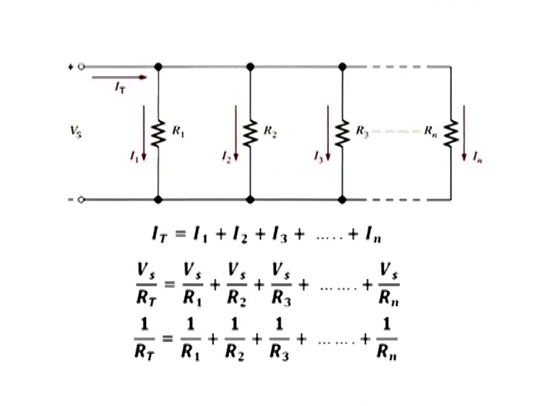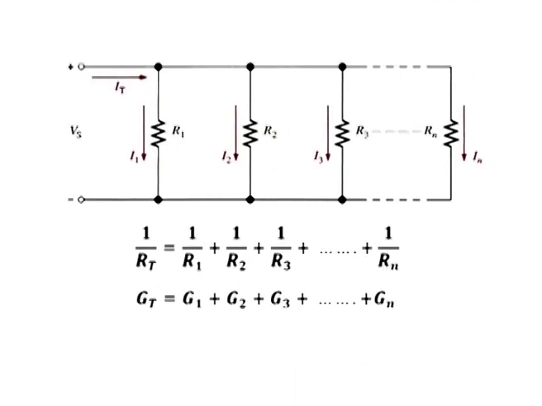Recall now that the reciprocal of resistance is called conductance, which is symbolized by G. The equation for 1 upon RT can be expressed in terms of conductance as Gt is equal to G1 plus G2 plus G3 and so on up to Gn.